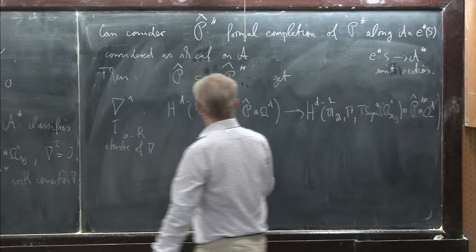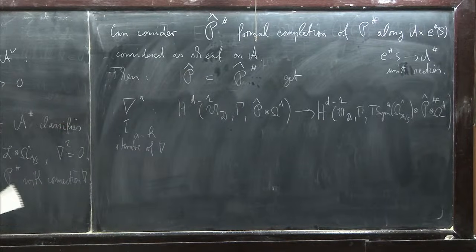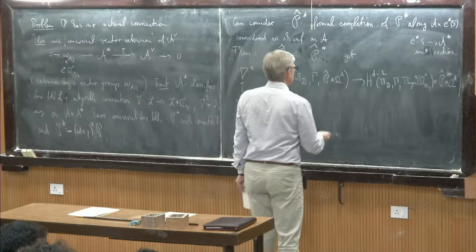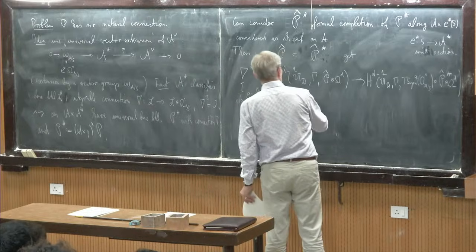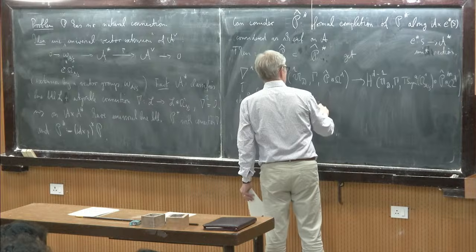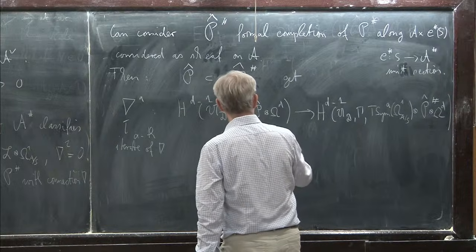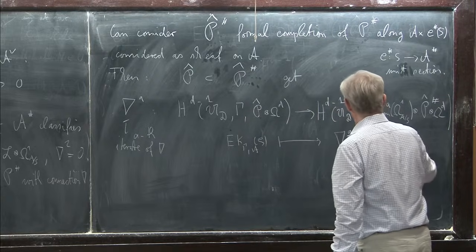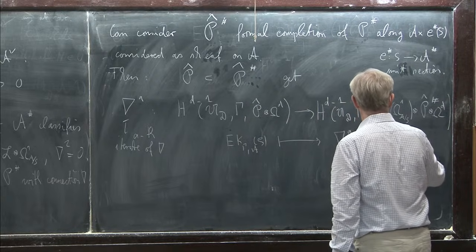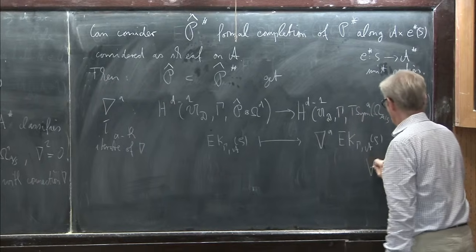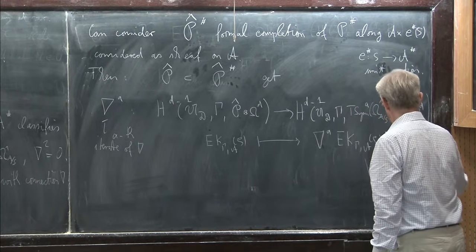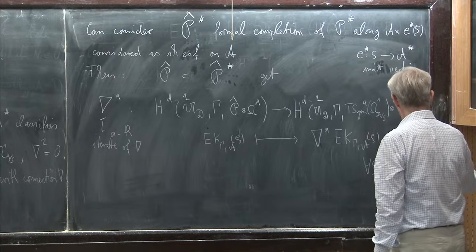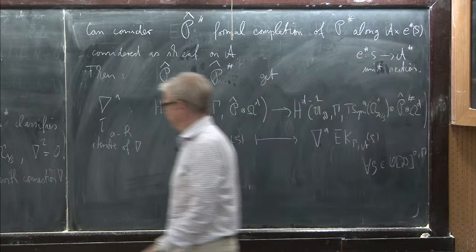Okay, so we can now derive our classes. From the Eisenstein-Kronecker class gamma A, rho, we get nabla A, EK, gamma A, rho, for all rho in this O D, these functions supported just on the torsion points.